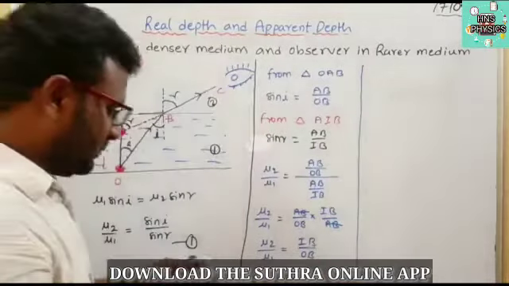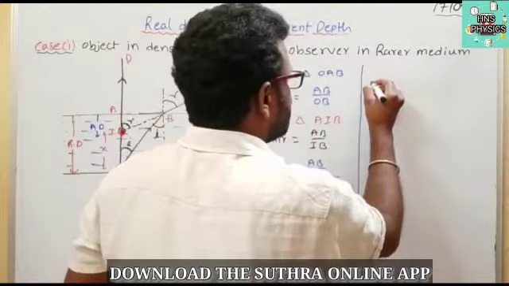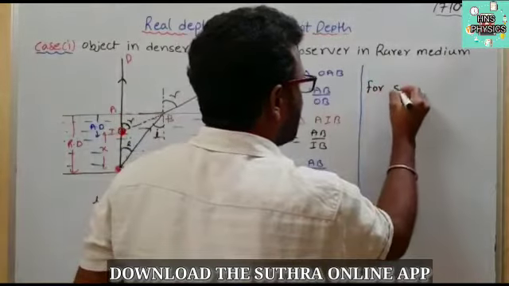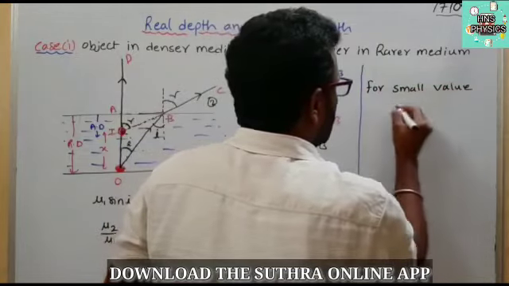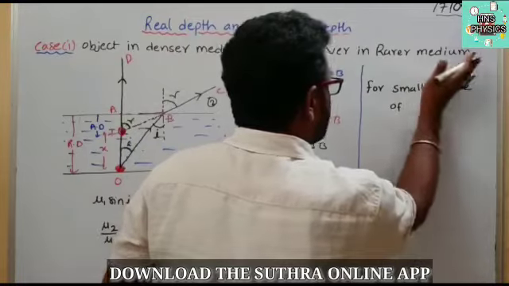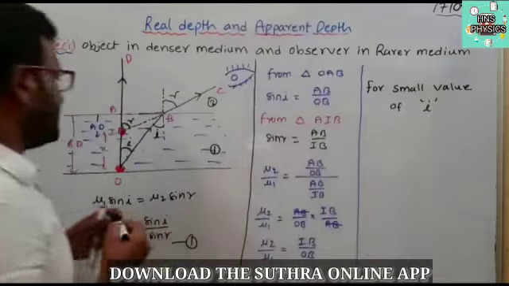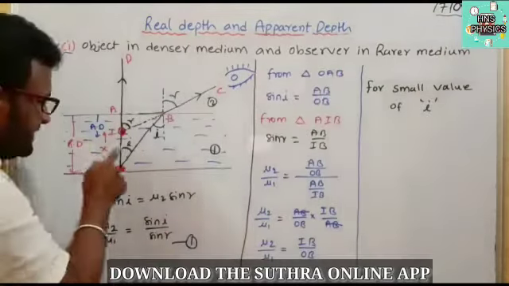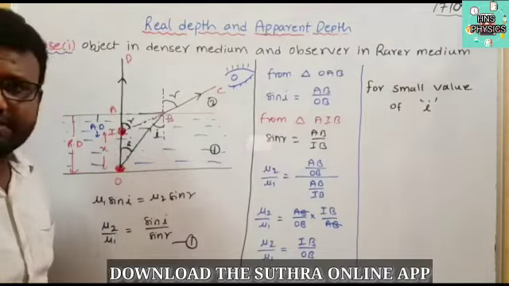Next, for a small value of I. I will explain it. For a small value of I, that means the angle of incidence is taken small.